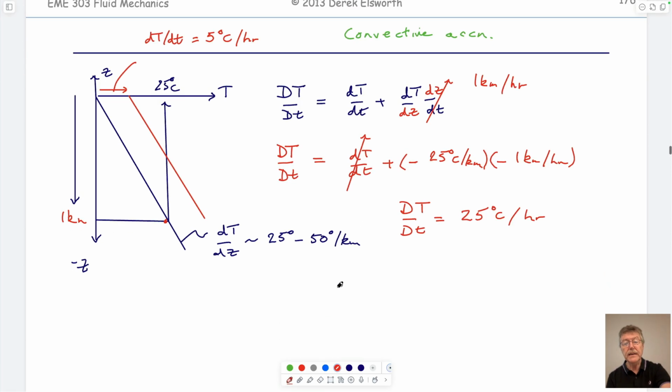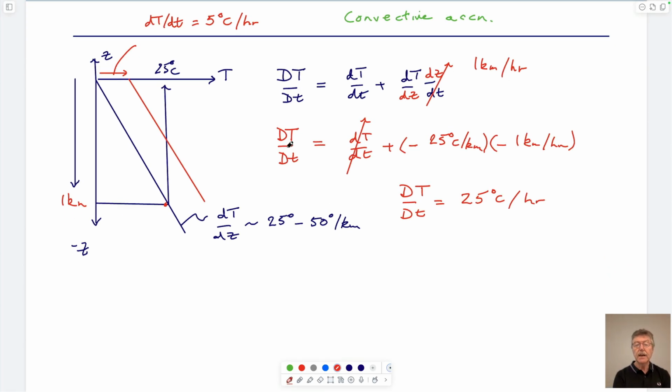Then all that means is that if we want to calculate the change in temperature that we see as we go down on this sonde, now it would be equal to dT/dt plus dT/dz times dz/dt. And if I just write in those numbers, this is no longer going to be 0. This is going to be 5 degrees centigrade per hour.